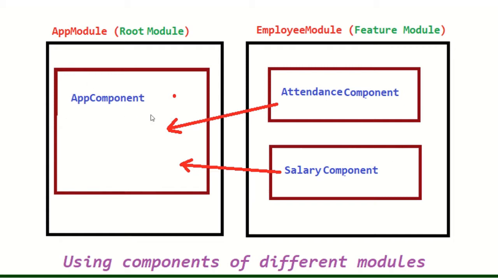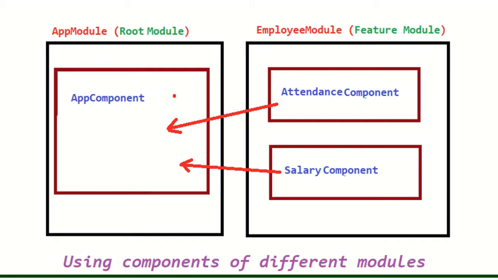And this is the app component. It is a root component and belongs to the root module, app module. Now the app component is going to use the attendance component and salary component of the employee module. So this is called a featured module. App module is called the root module. Any other module is called a featured module.